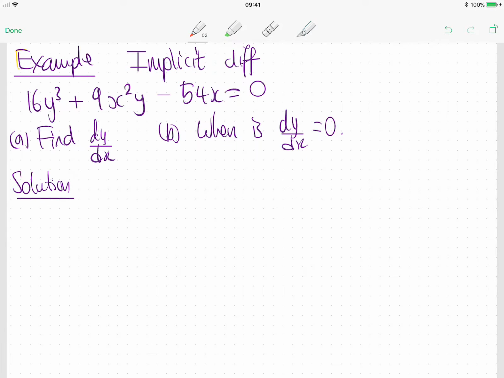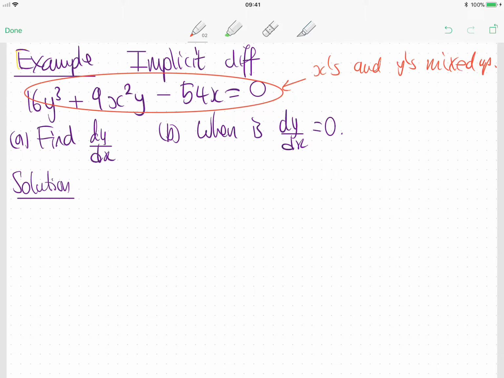So before we get started, we should notice the equation that we have is implicit, which means that all the x's and the y's are mixed up. Instead of having something quite nice where y is a function of x, we don't have that.